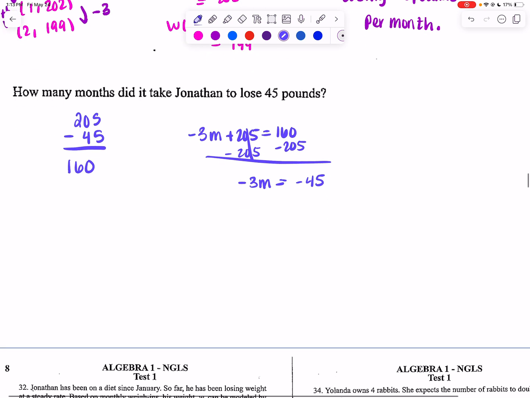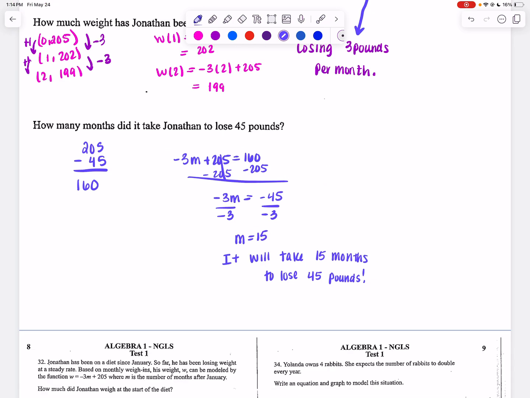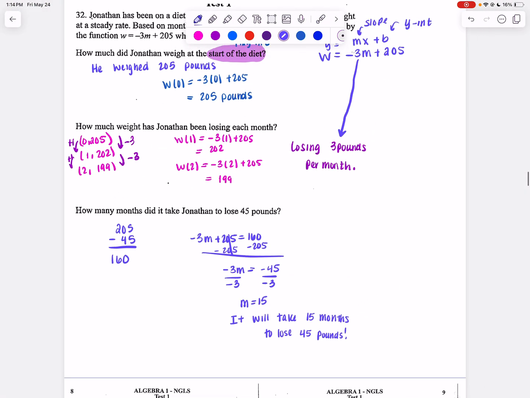Now I'm going to divide both sides of my equation by negative 3, and I get m is equal to 15, which means it will take 15 months to lose 45 pounds. And that's our final answer. That's how we approach this problem.